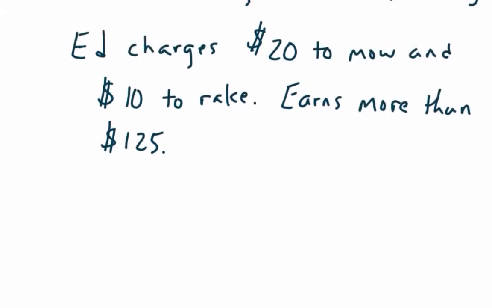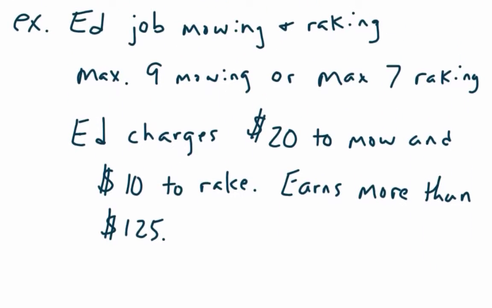So now the question would say, show all the possible combinations. So what are all the possible combinations of mowing lawns and raking lawns? And we're going to just shade in an area. Technically, we probably should put a dot for each possible combination in that area, because he's probably not going to get paid if he mows a third of a lawn or rakes half a lawn or something like that. But we'll just assume we're going to shade in the area.